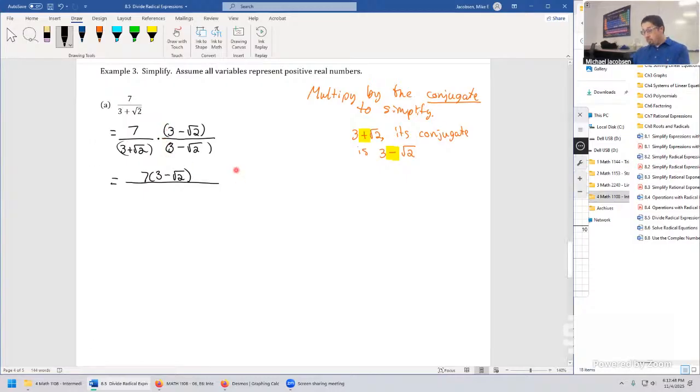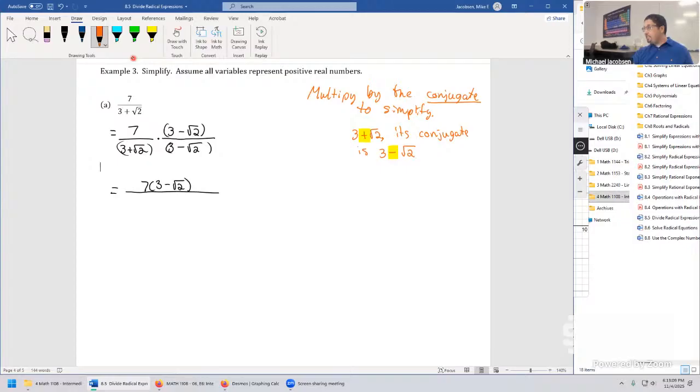But in the denominator, we do want to FOIL this out entirely, but there's always a huge shortcut if you have a conjugate pair like 3 plus root 2 and its conjugate 3 minus root 2. The middle terms are just going to cancel out completely, and it's through this formula.